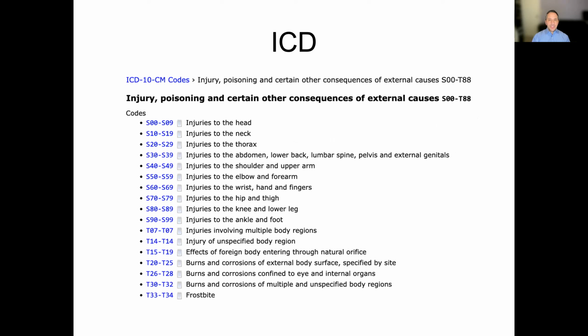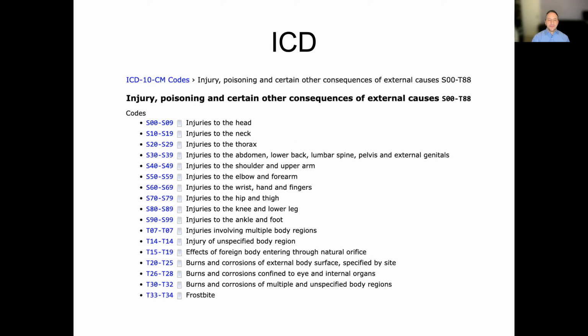So this is a listing of the broad categories of ICD injuries. And you can see here, they're pretty much by body region. Of note, the ones at the top are all body region.